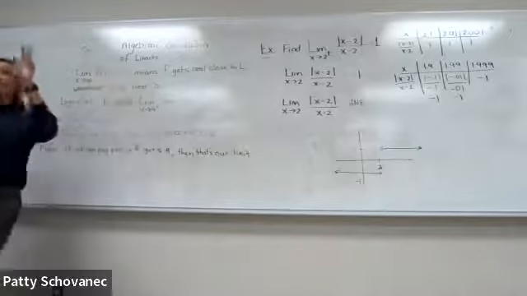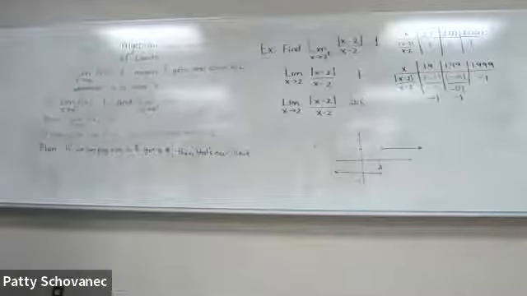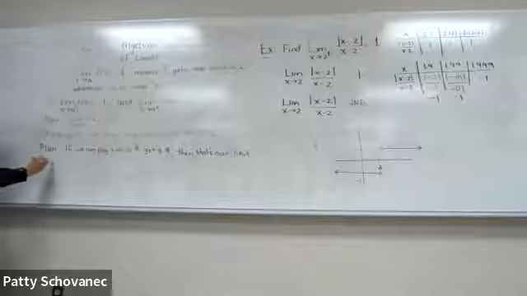We said these are nice functions, things that don't have any breaks in them, so the limit should be the same as the y value. If we get 0 over 0, then we do more.